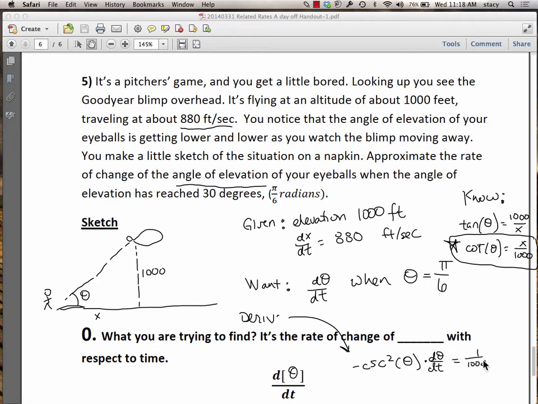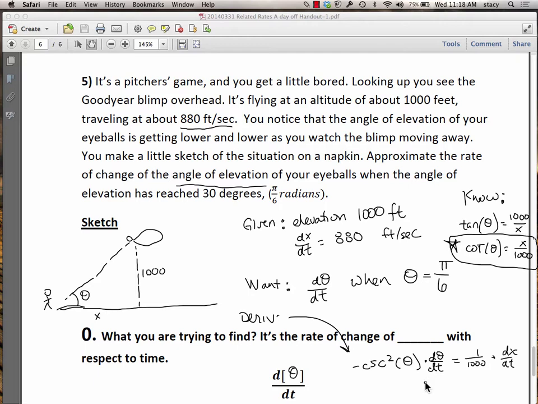One 1,000th dx dt. So in order to find d theta dt, what can we do?